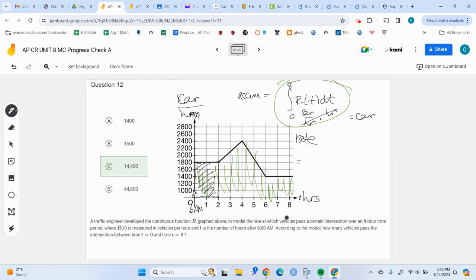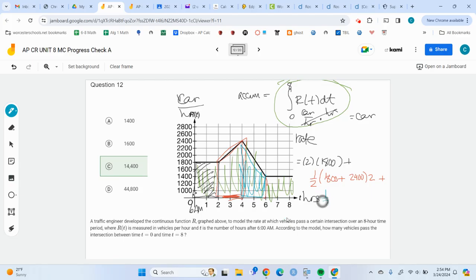Okay, base times height. Here we go. 2 times 1800 plus, here's a trapezoid. So I have 1/2 times base 1, 1800 plus base 2, 2400 times the height here, which is 2, plus, these are some big numbers, this trapezoid right here.